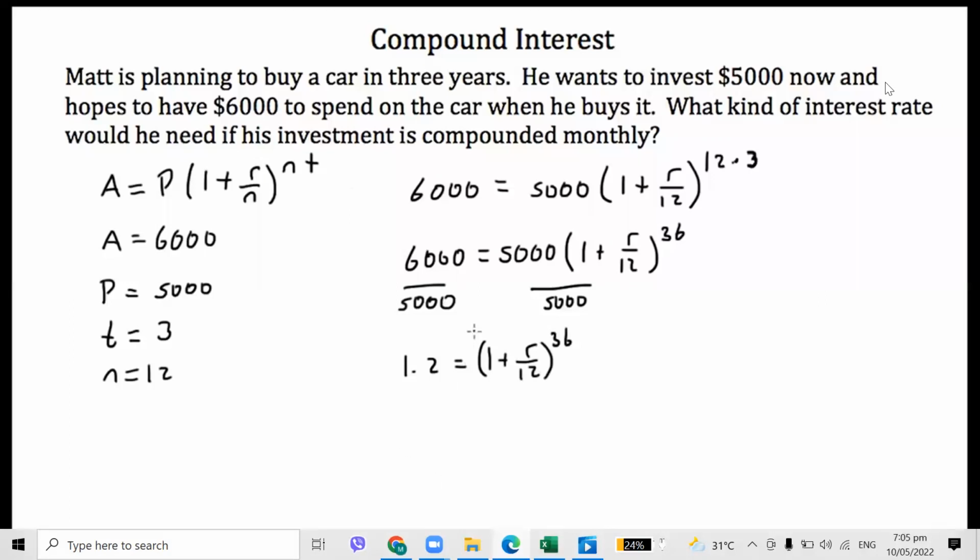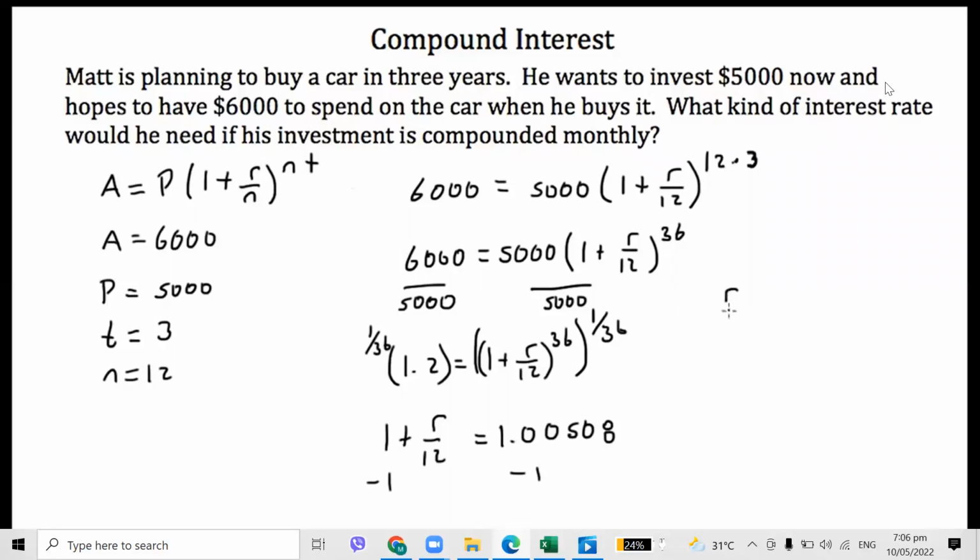Now I'm going to raise both sides of this equation to the 1 over 36th power, or the 36th root. If I do that, I'll have 1 plus r over 12 is equal to 1.2 to the 1/36th power, which is equal to 1.00508 approximately. Subtract 1 from both sides.